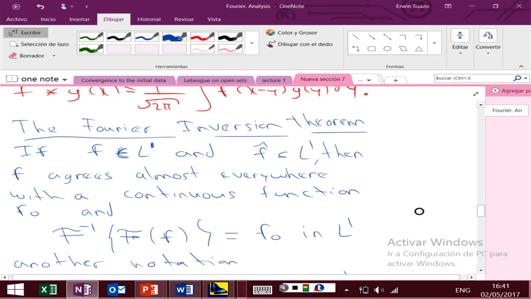My Fourier inversion theorem just says that if I take the Fourier inverse of the Fourier transform, it just gets the same function except for a set of measure 0. So basically, I'm going to get my same function back.